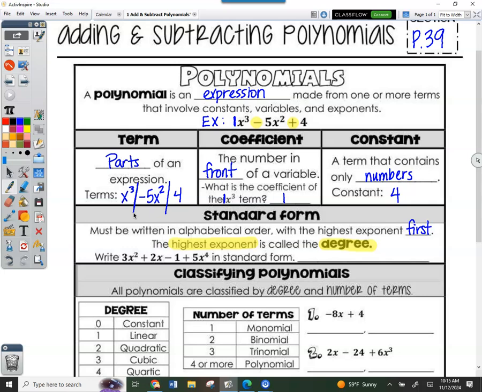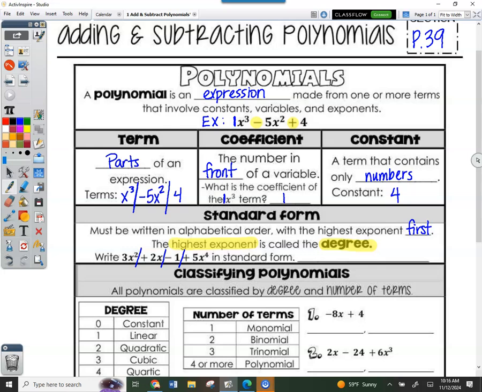Now let's see if you did it right. You should have put it right after any variables or numbers. So there's a slash, there's a slash, there's a slash.